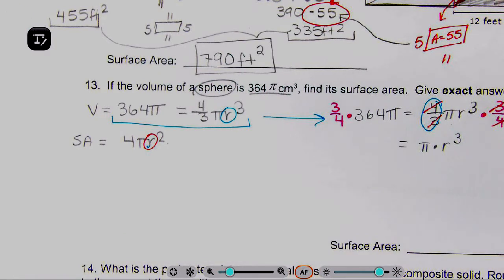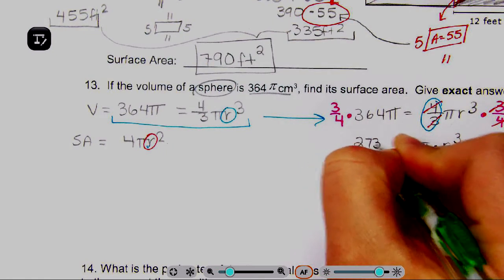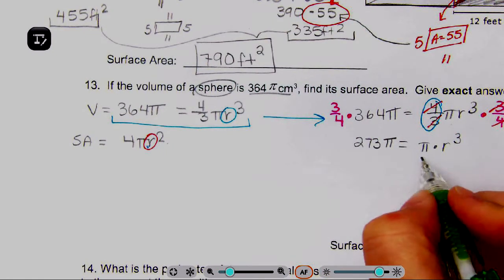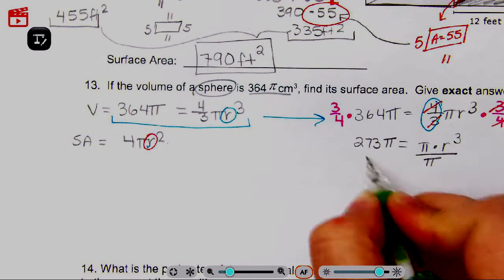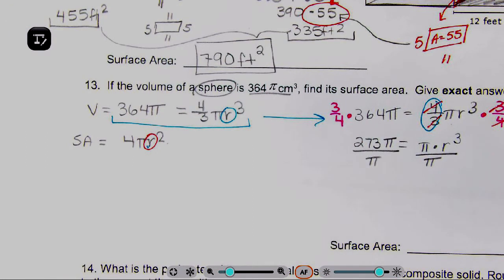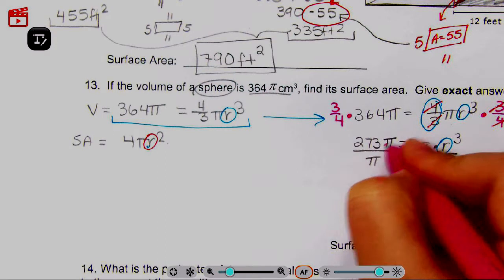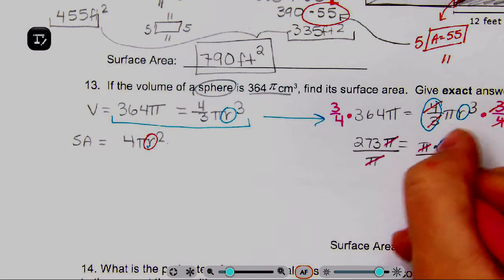On this side, I have 364 times 3 divided by 4, and I get 273 pi. I'm going to divide by pi because I need to remove everything when solving for my radius. So that means my pi on top and pi on the bottom cancel out on both sides.